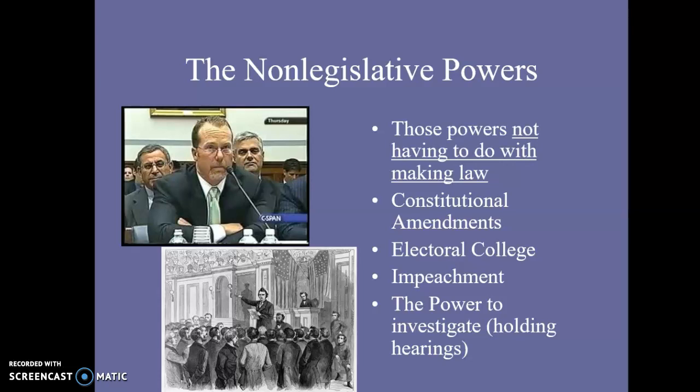These are found in the elastic clause, or what we call the necessary and proper clause. And we have also talked of some of the non-legislative powers of Congress: powers of impeachment, powers of oversight, powers of investigation, powers related to the Electoral College. And then lastly, thinking about the powers of Congress in Article 1 of the Constitution.